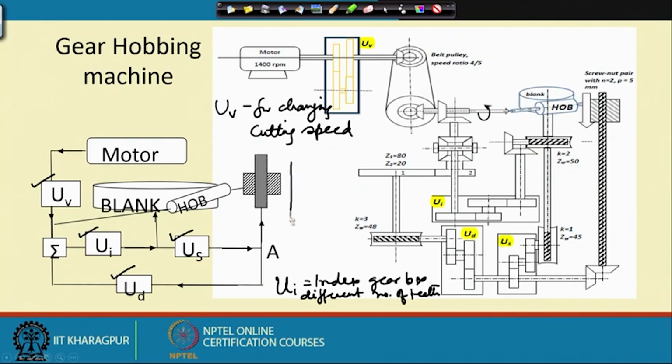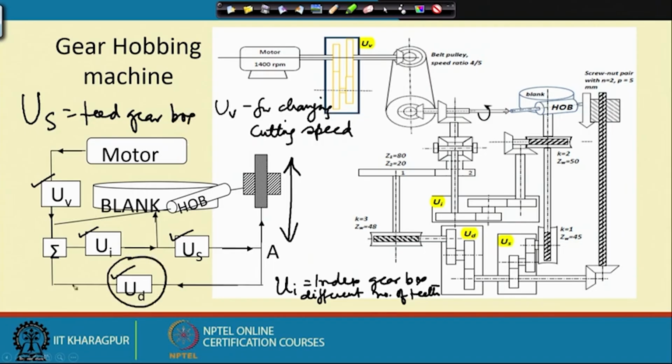For controlling this up down motion, feed, okay, feed gearbox it is called. US is feed gearbox. Last of all, this is for changing the helix. If you want to cut different helices, then only we will use this, otherwise it is disconnected, okay.